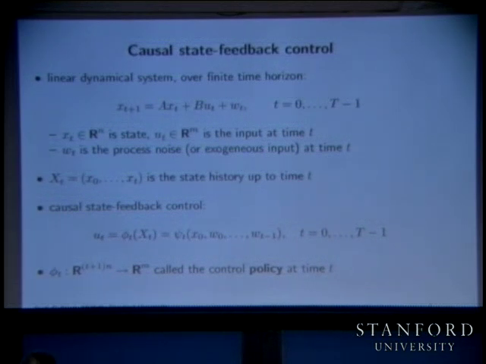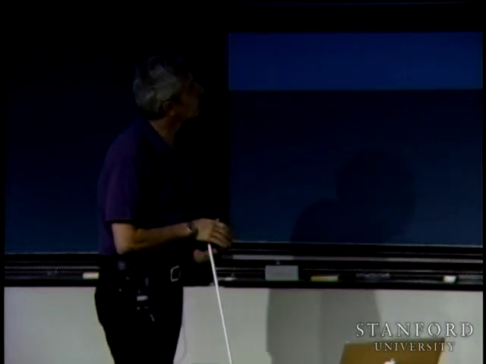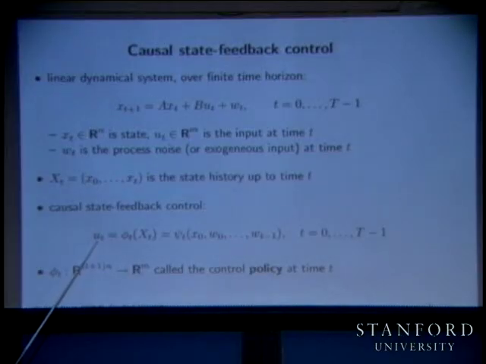The distinction in something like stochastic control is that what you're actually looking for are these functions phi_t. In particular, you are not looking for a particular u. In fact, it doesn't even make sense to say that you're looking for u. In the end, of course, we're going to find a u, that's true. But what you're really looking for is this u that depends on the state history.